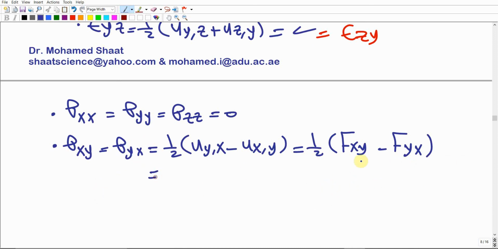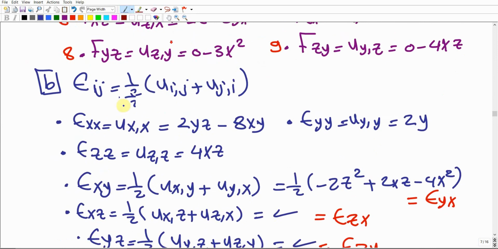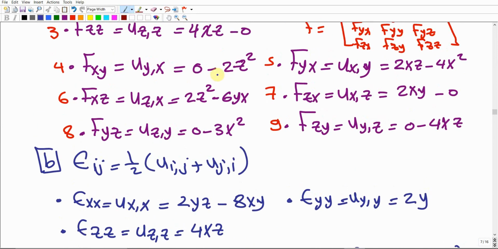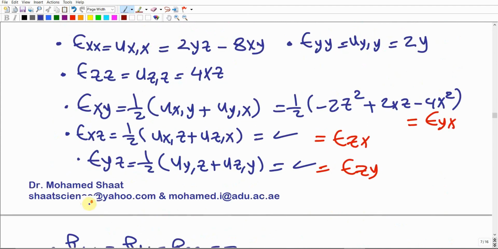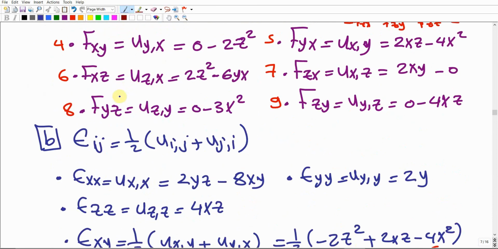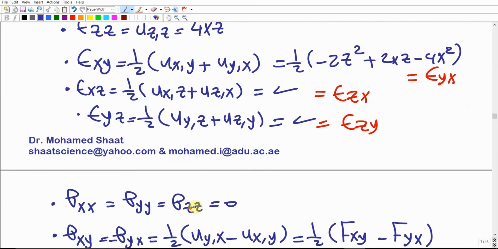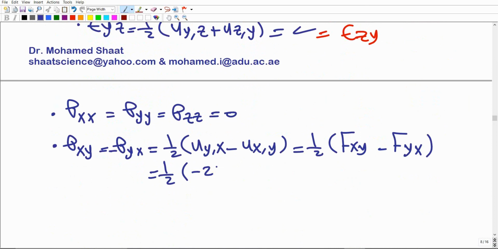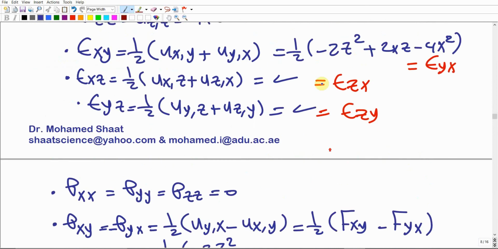So simply we got fxy up there, right? Which is this one, and we got fyx. So subtract this one, negative this one. This is going to give us theta xy, which should be the negative of theta yx. So we're going to end up with 1 over 2. The fxy, we got it by the negative 2z squared, negative the fyx.